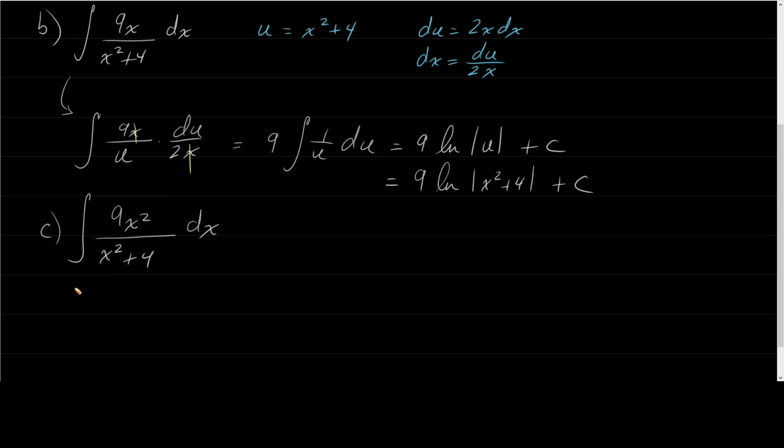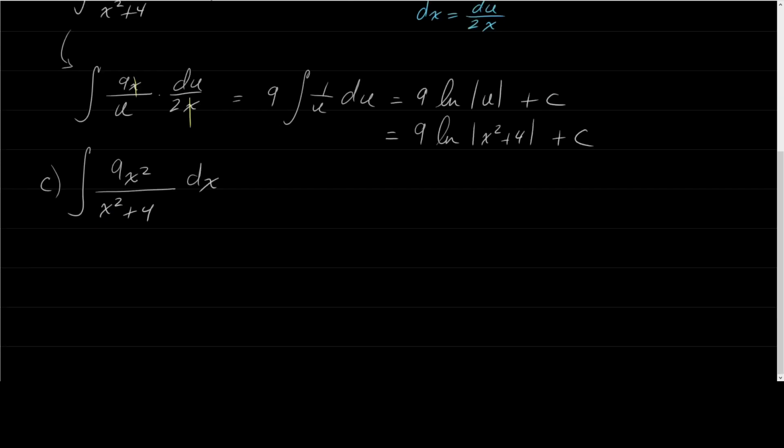These are both quadratic polynomials. They're both of degree 2. When the degree of the numerator is at least as much as the degree of the denominator, your very first step should be to do long division, all right? Because we want to rewrite this.